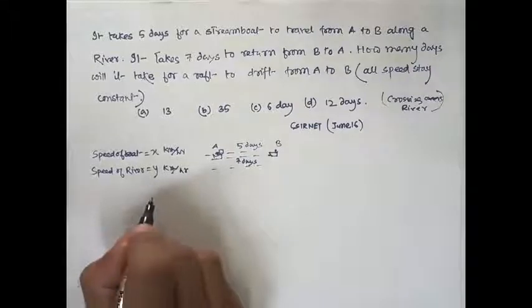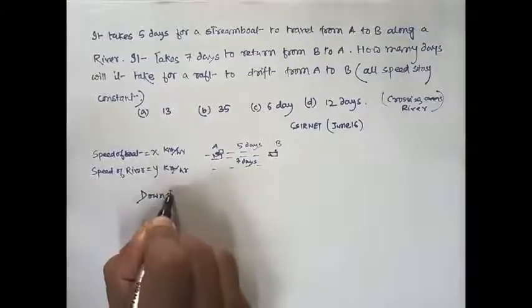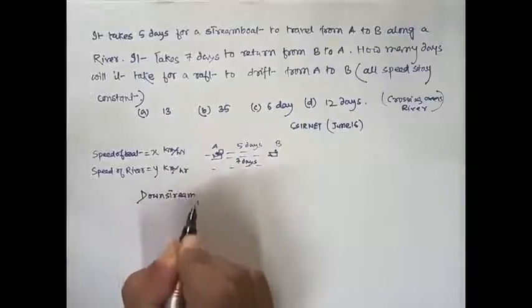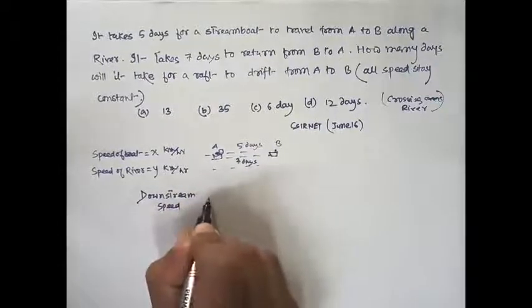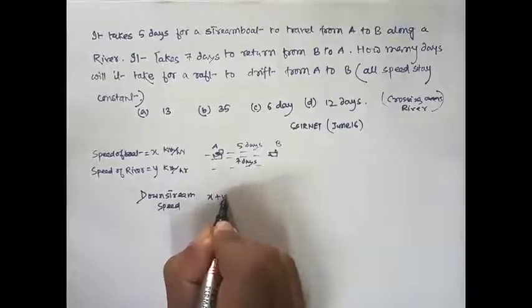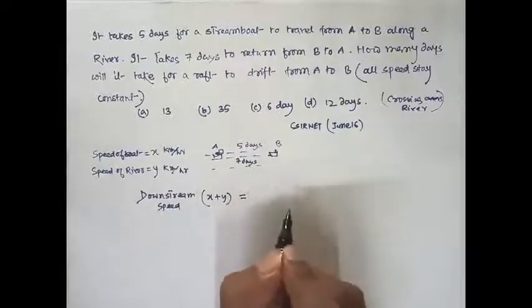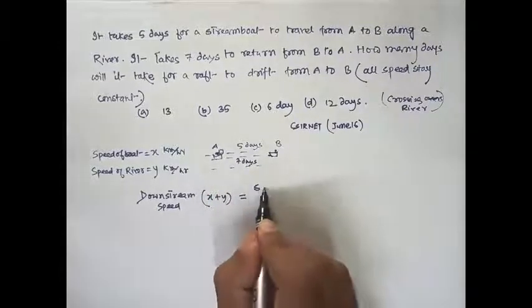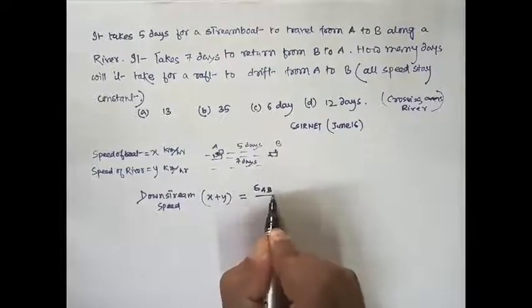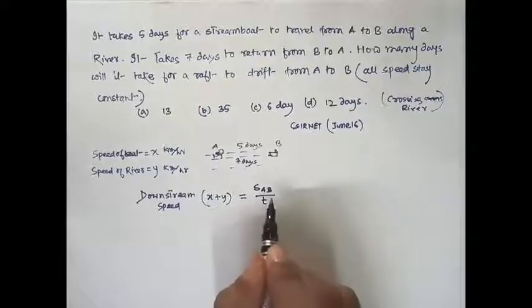Then the downstream speed would be x plus y. This will be equal to the total distance from A to B divided by the time required for the downstream travel.